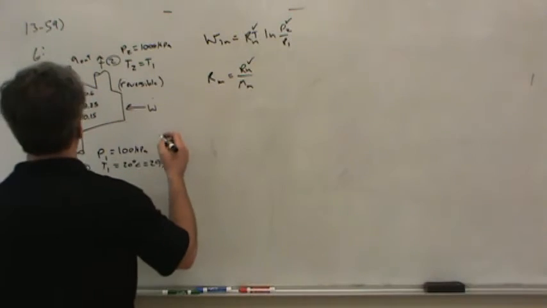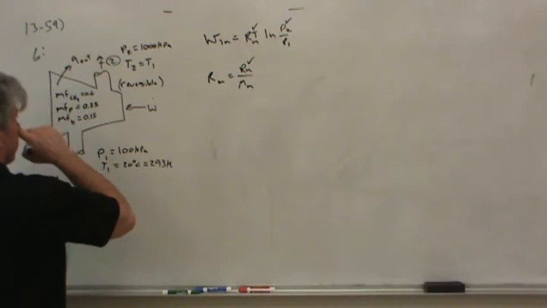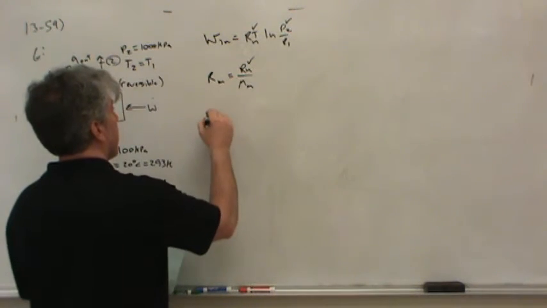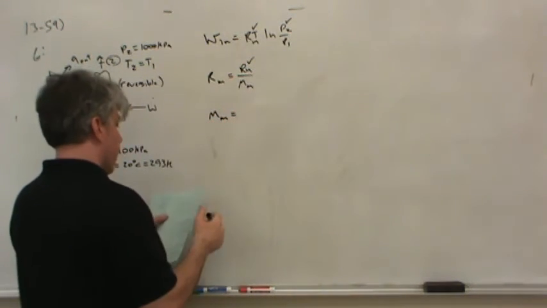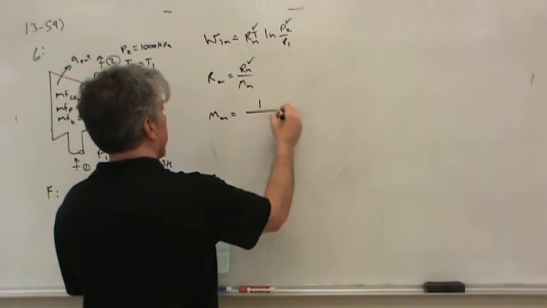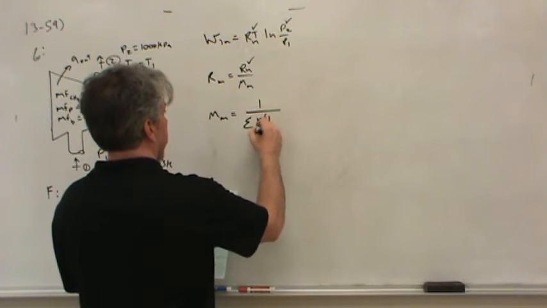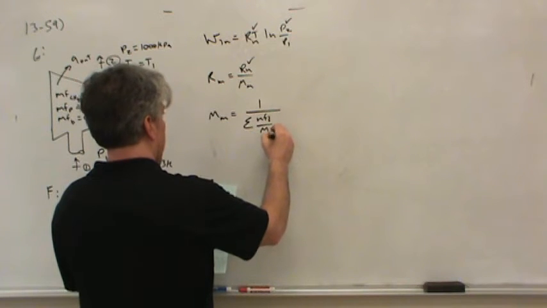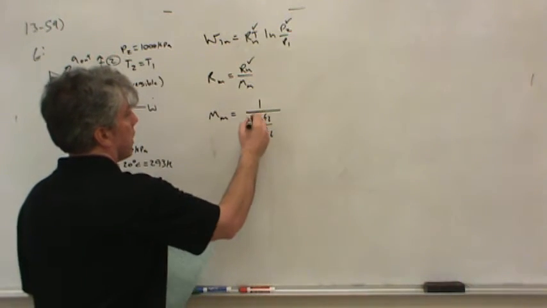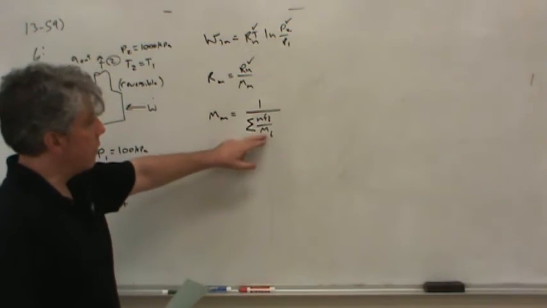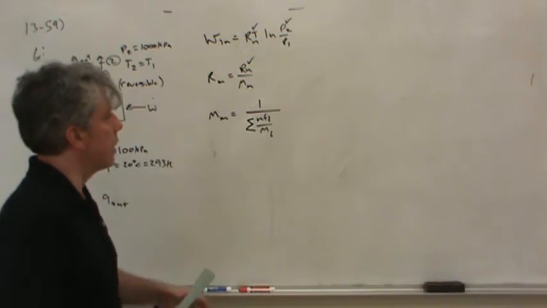So let's see, I guess I could write them down, or I could just write them in the context when I calculate it. If you look at the back of the chapter, you'll find this equation for the molecular weight, or the apparent molecular weight, of a mixture of gases when you have the mass fractions. All you have to do is take the mass fraction of the particular substance one at a time, divided by its molecular weight, add them all up, and you've got it.